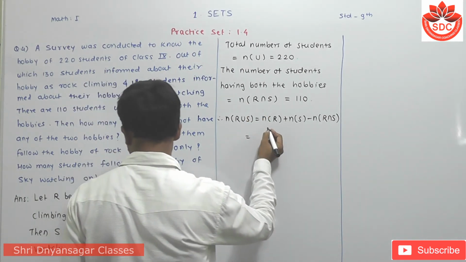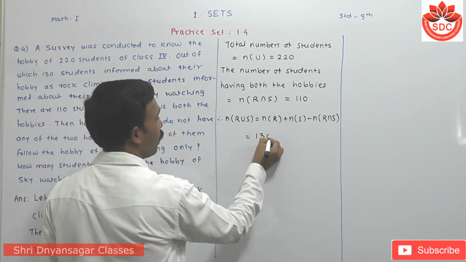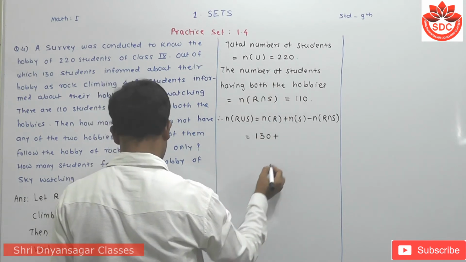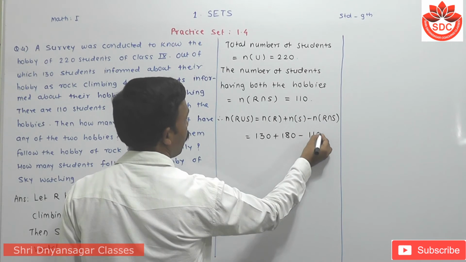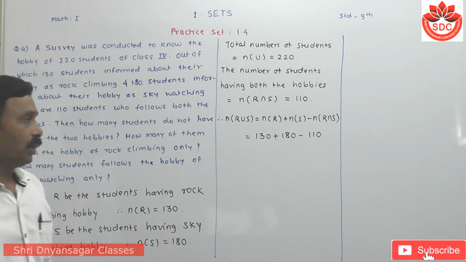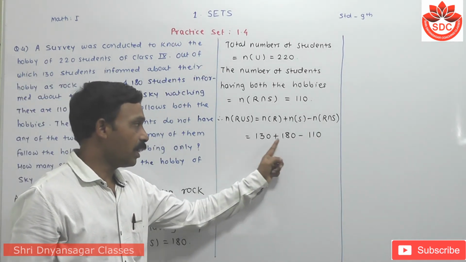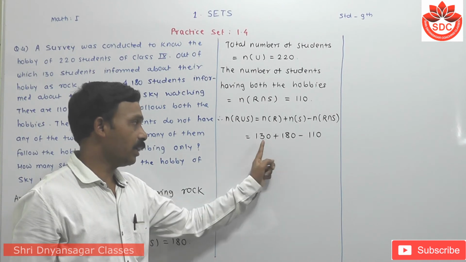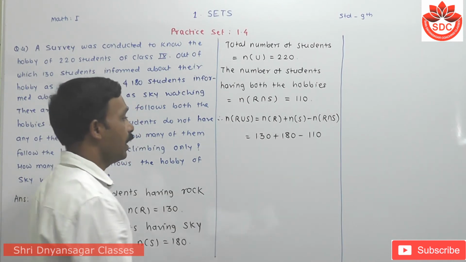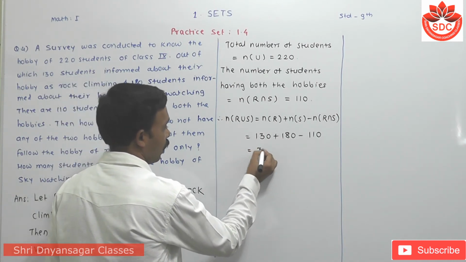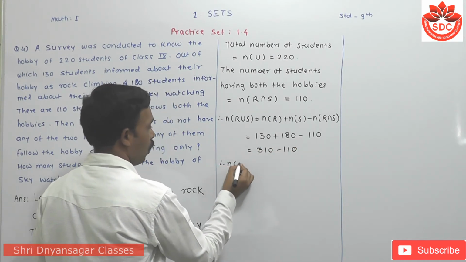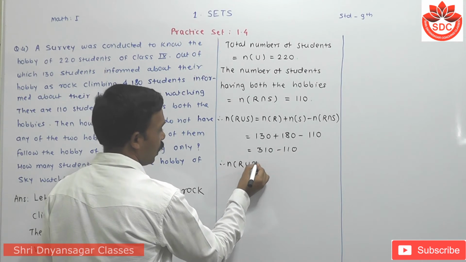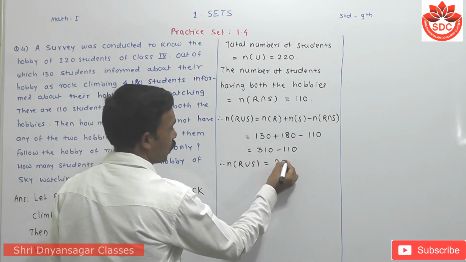Here number of R is 130, plus number of yes is 180, minus 110. The addition becomes 310, minus 110. Therefore, number of R union yes is equal to how much?